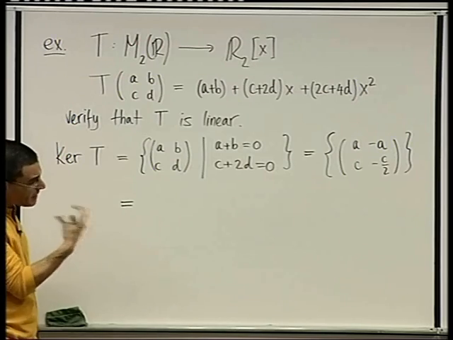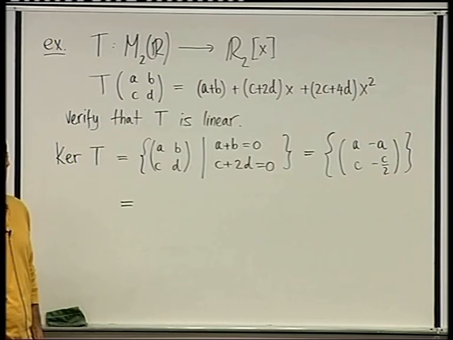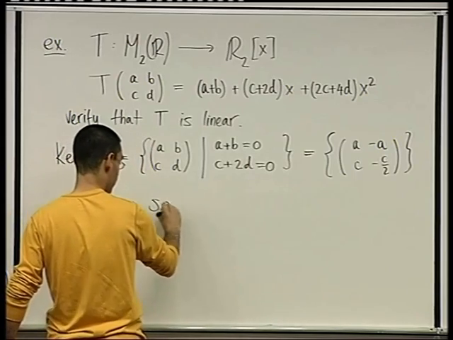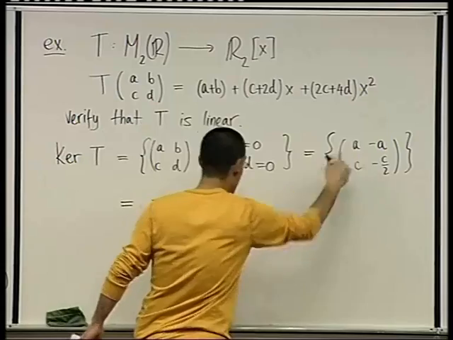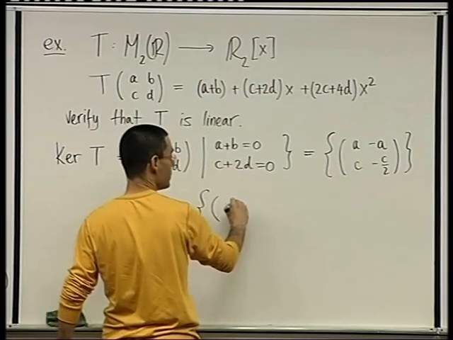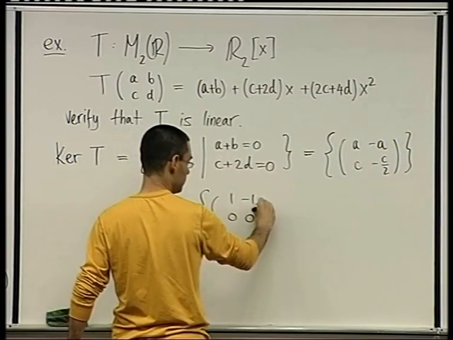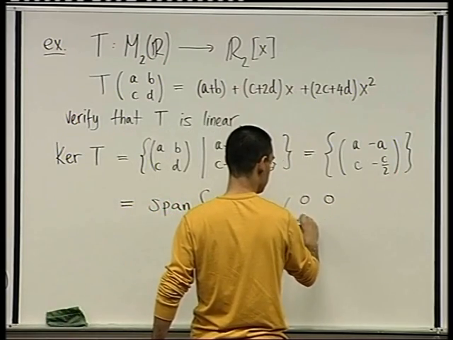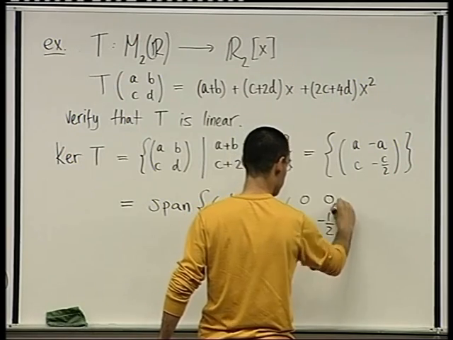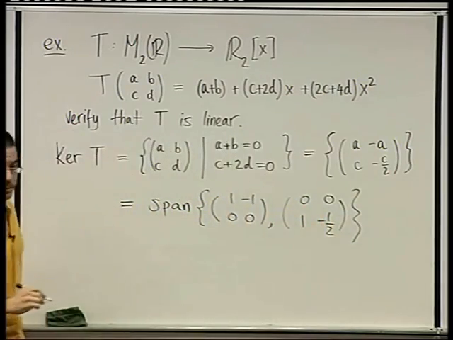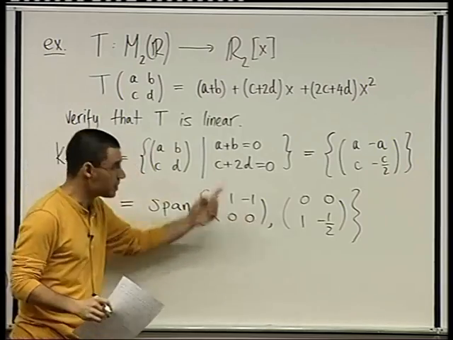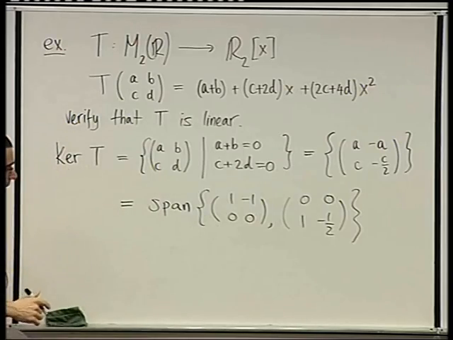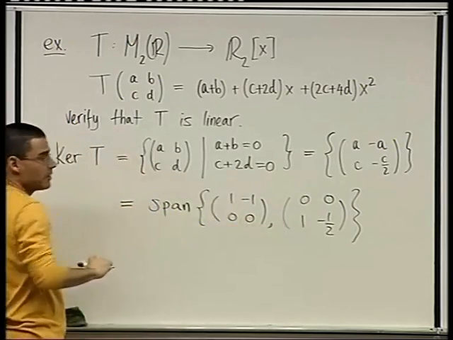And we can even write this. We can even easily find the basis for that. Right? It's all the elements of the form A times this matrix plus C times this matrix. Do you agree? So this is in fact the basis for this kernel, and I just wrote it as a span, but it's obviously spanned by this.